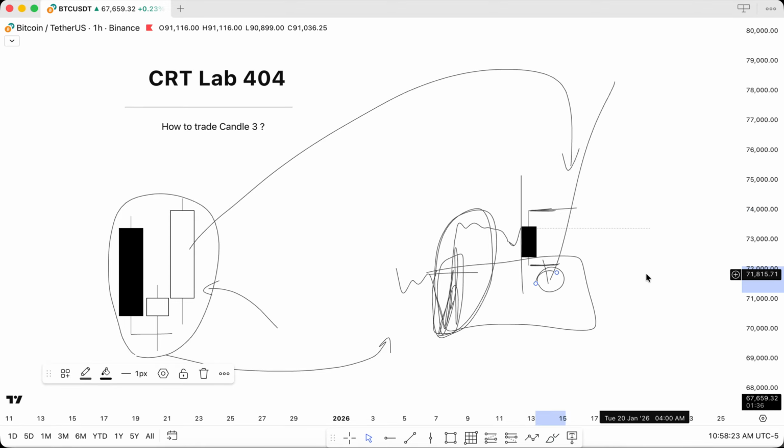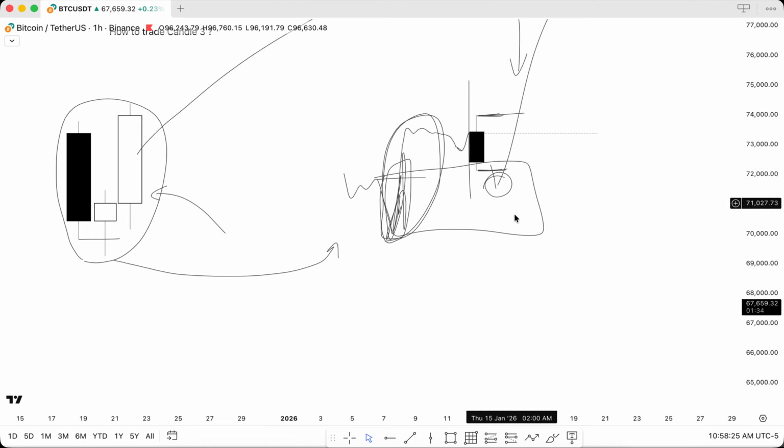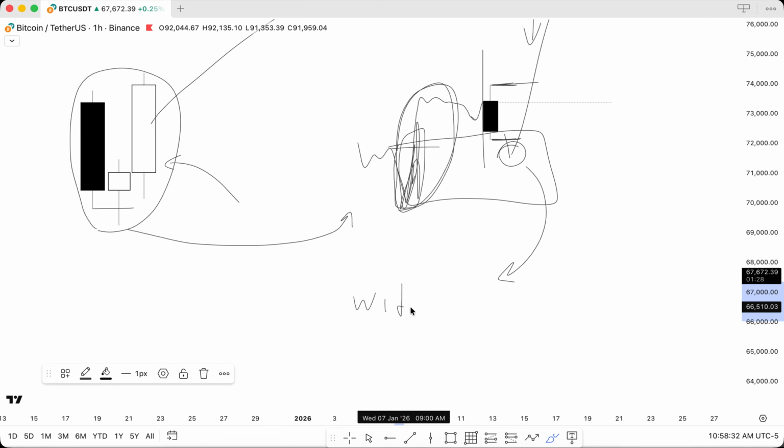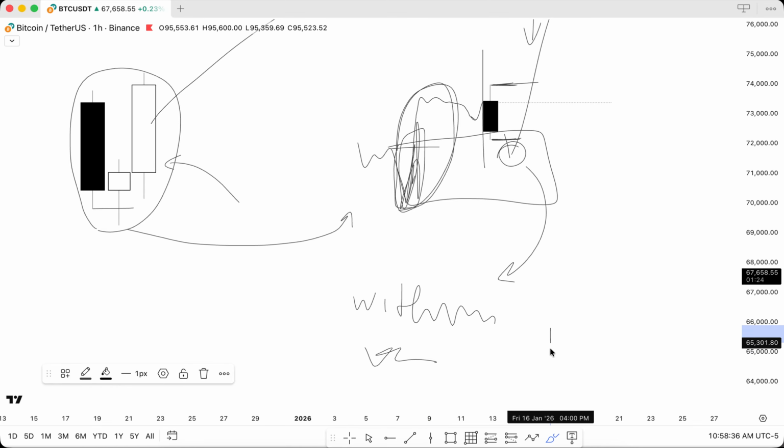And the best part you have to do for yourself is to look to execute within a Q zone, meaning London Open and New York AM.